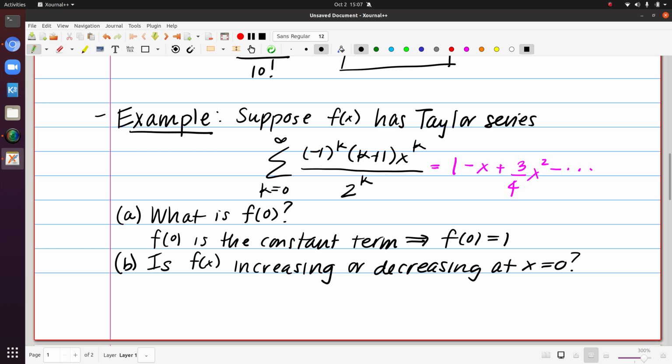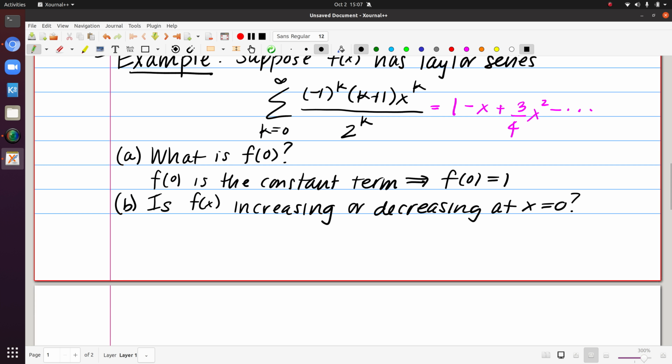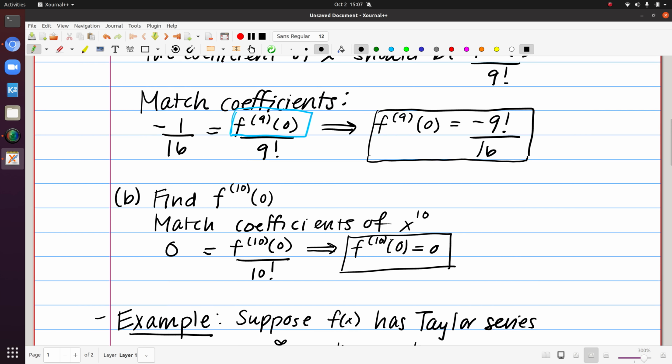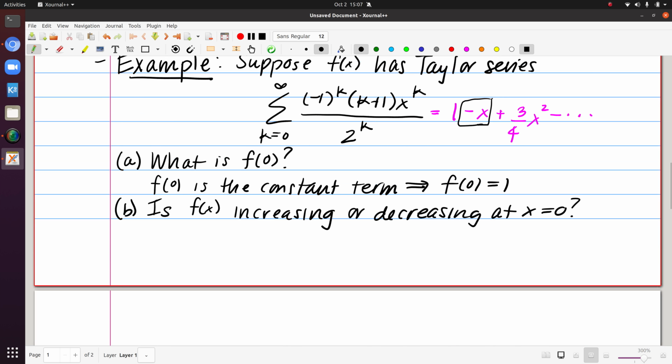Now, in general, when we're talking about increasing or decreasing functions, we know that we can look at the sign of the derivative. And I would like to know here the sign of the first derivative. And again, we've already written out the terms, and the first derivative should come from the coefficient of x to the first power. So this is exactly what we talked about matching coefficients before.